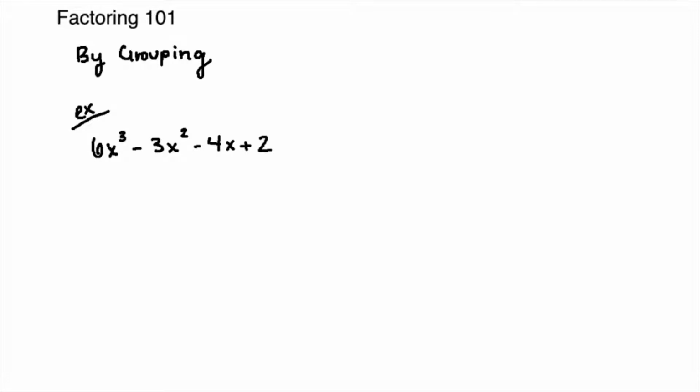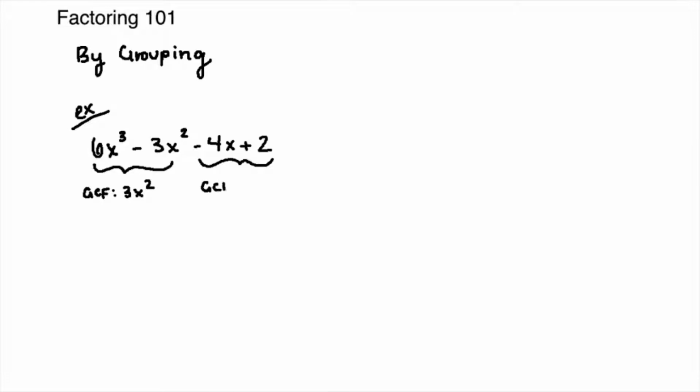Let's go ahead and group these first two together and then these last two together. The GCF for these first two is going to be 3x squared, since they both have an x squared and they both have a 3.